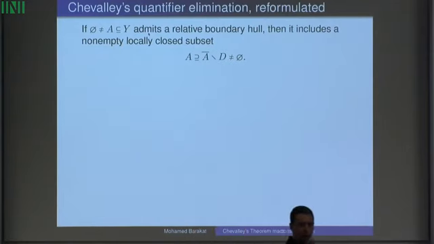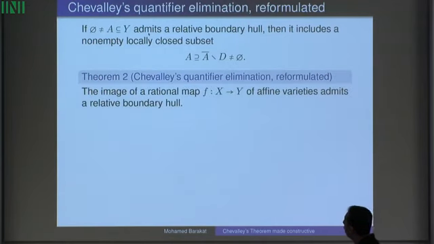So we now can take A, in our case the constructible image, and chop off something which is locally closed. This is closed minus closed, right? And this gave us the idea to reformulate Chevalley's theorem in this way. This is Chevalley's quantifier elimination theorem reformulated.